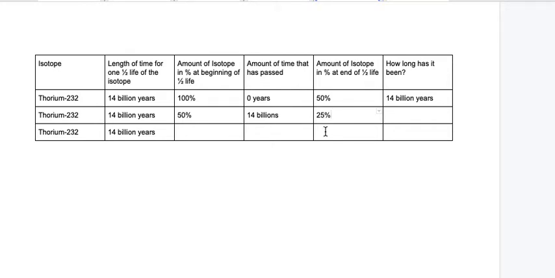And then we're going to take this 14 billion years and add another 14 billion years to it, because that's how much time has now passed. So that's 28 billion years. So now we're going to bring these down. Now it's been 25% and 28 billion years.